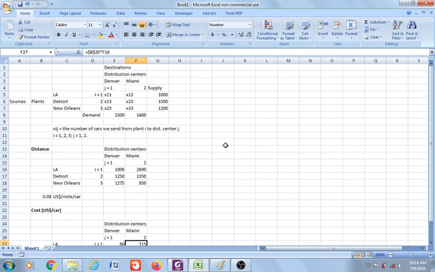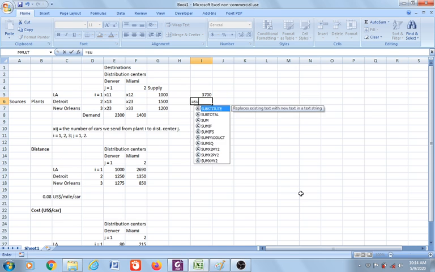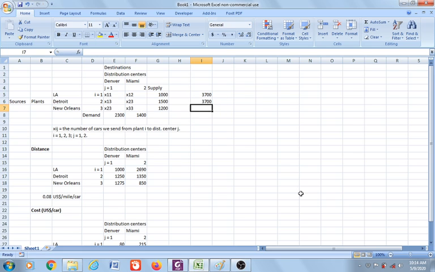Okay, but before I start modeling, again, we need to check, is the total demand equal to the total supply, or we can say, is the problem balanced. So let's see the total demand. So the total demand is 3700, and the total supply is also 3700.